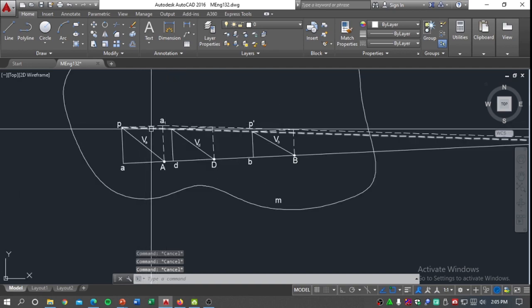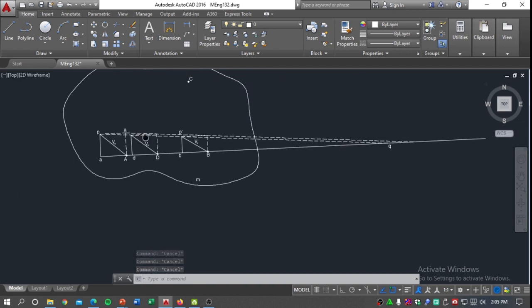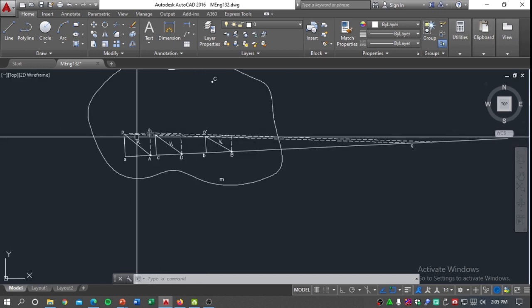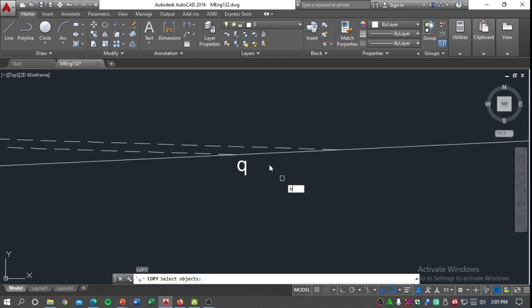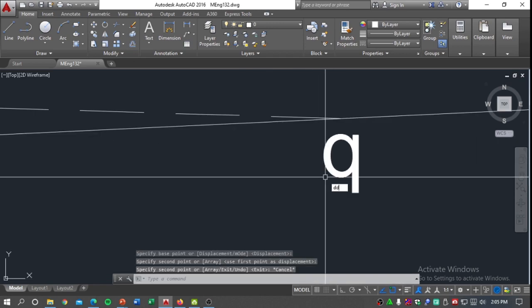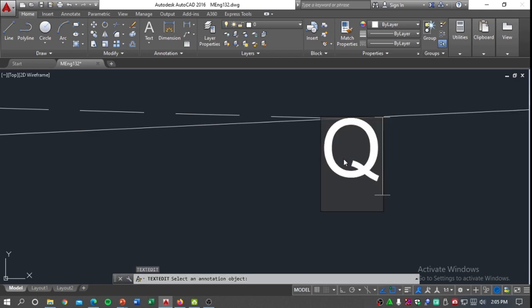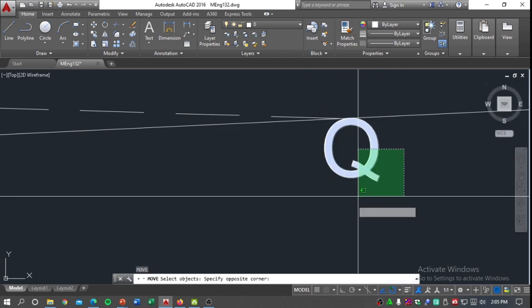Right. So after that, we just obtained the intersection by projecting those parallel lines, and now we will assign that point as point capital Q. All right. So this is now a large Q.